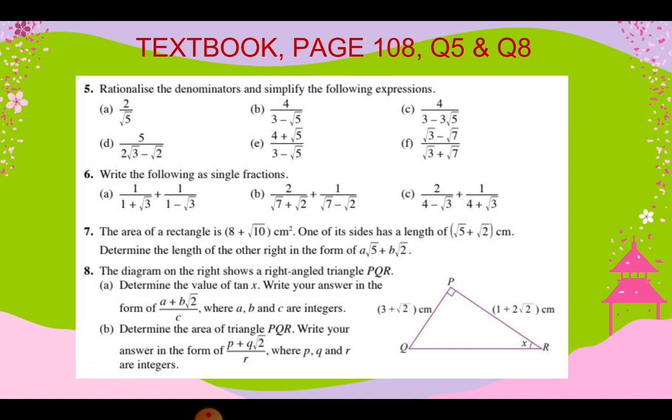Conjugate is the change of sign or the change of operation in the term. And then we also have learned how to solve problems. First of all, you need to understand the problem. After you understand the problem, you need to write down all the information given and find the most suitable strategy in solving the question.